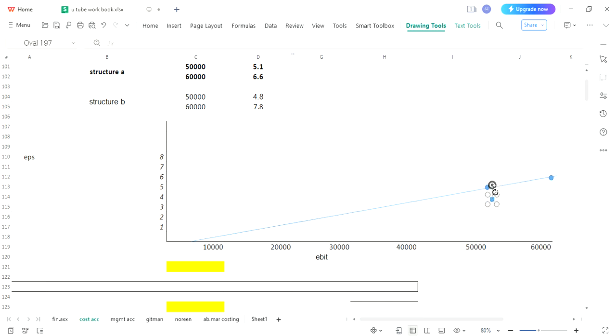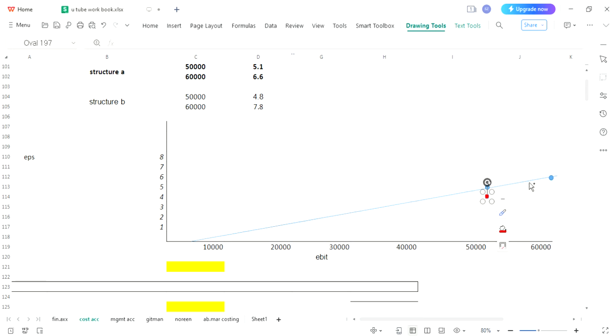So for 50,000, structure B 4.8. 50,000 we have, and this is your fourth line, and little above would be 4.8. This is your first point. Let's change its color. We can mark it as red.